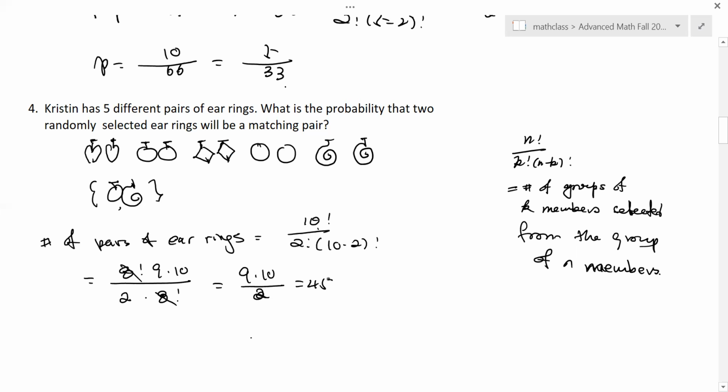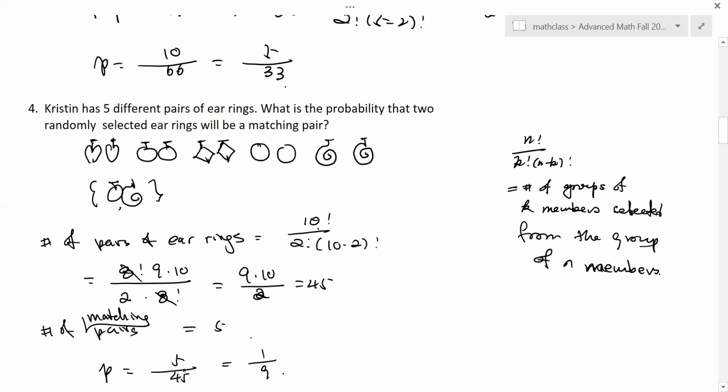Now, the number of desired outcomes means the number of matching pairs, right? There are only 5 matching pairs there. So it's 5. That's it. Okay. It's just a 5, so the probability is 5 over 45.